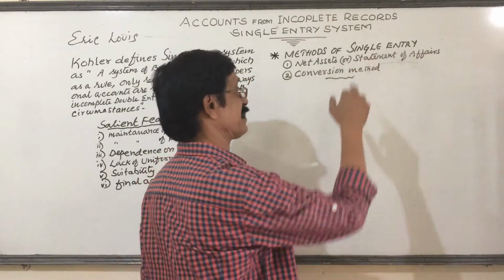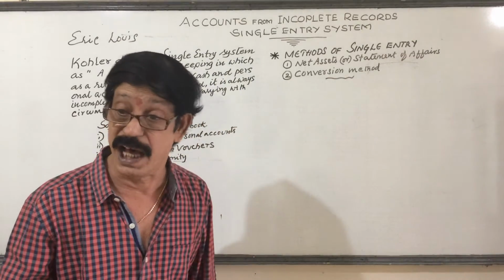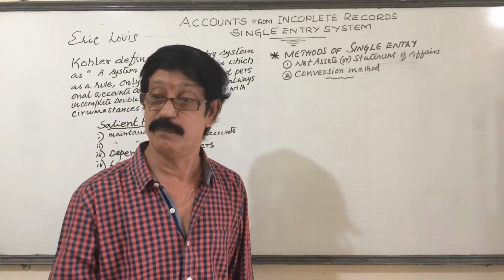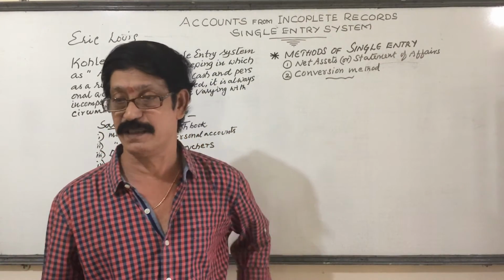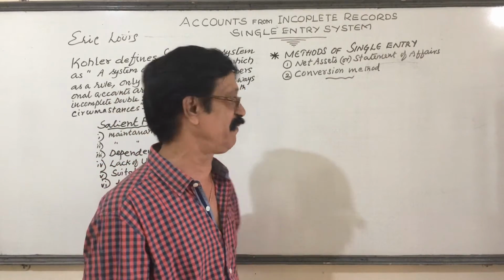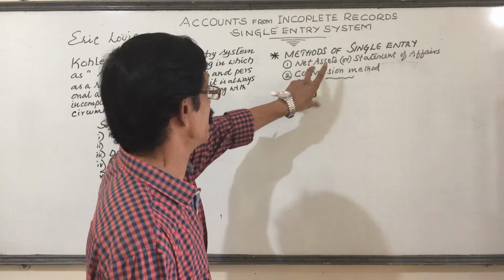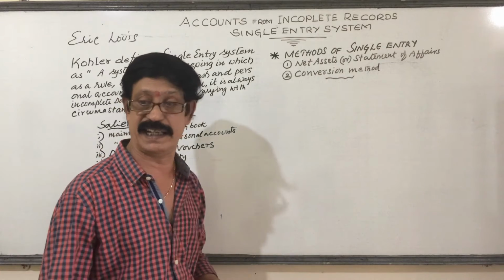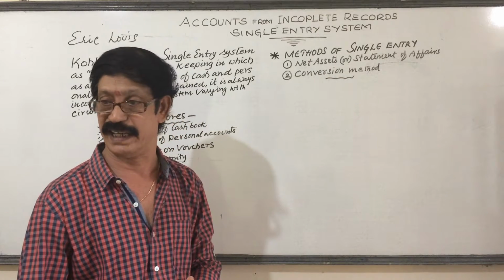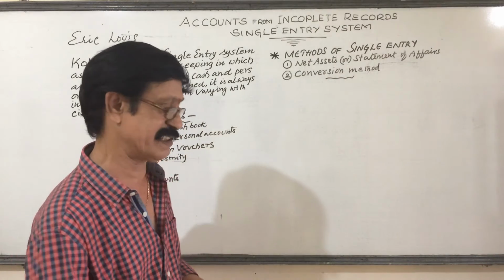And why is it called statement of affairs method? We are finding out capital by preparing statement of affairs. So, the first method is called net assets method, statement of affairs method, or capital comparison method.